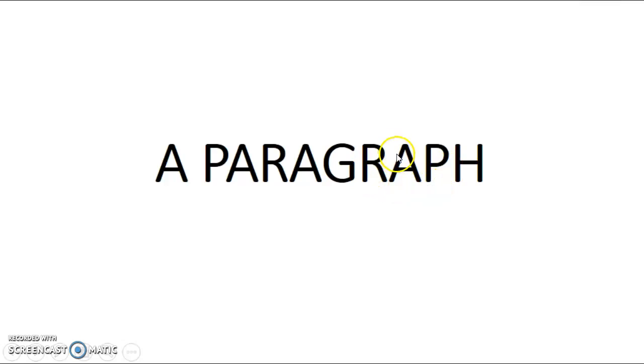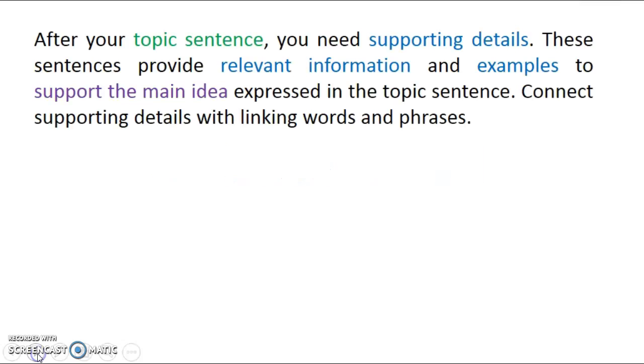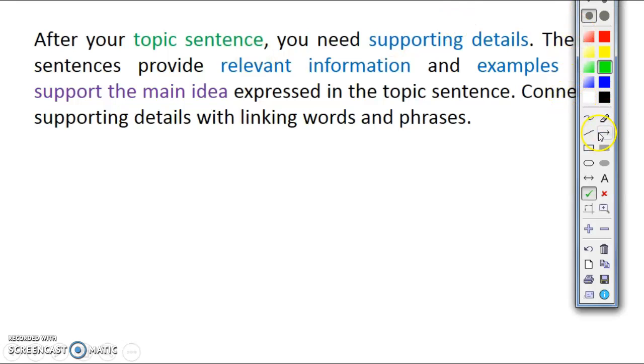This is a video about paragraph. This is a short video where you're going to learn how to write a paragraph. Now, let's start. The first thing that you have to remember when you're writing any kind of paragraph is that you need your topic sentence. What is a topic sentence? It's the central part of a paragraph.